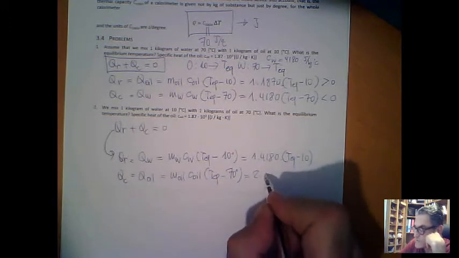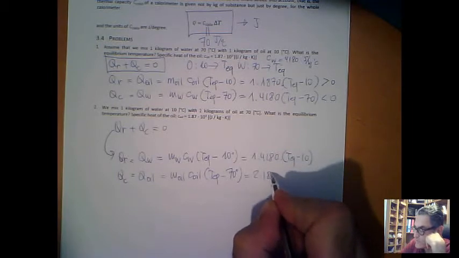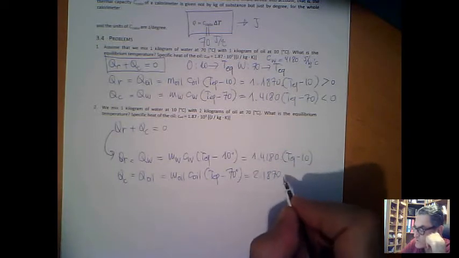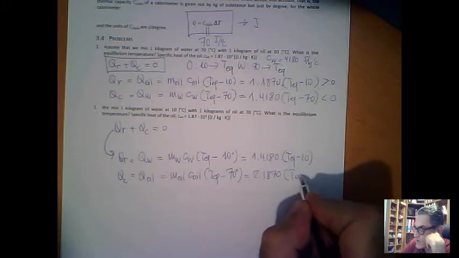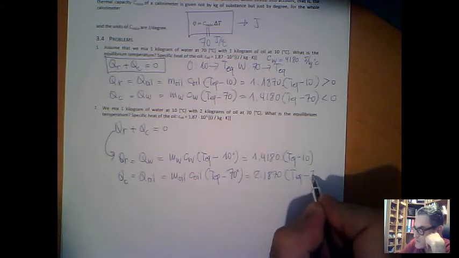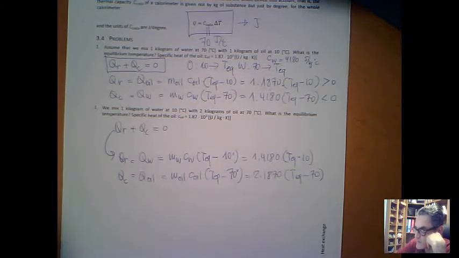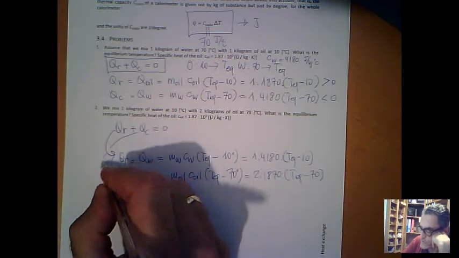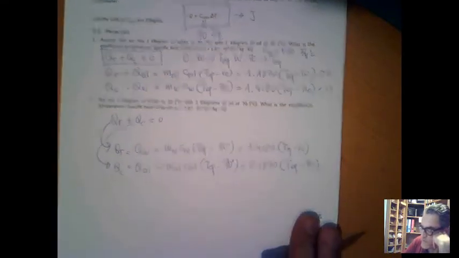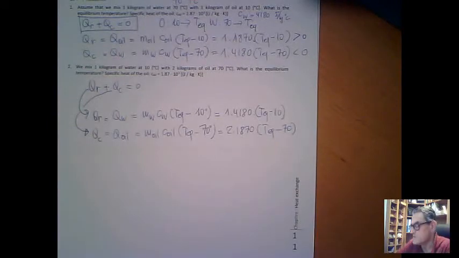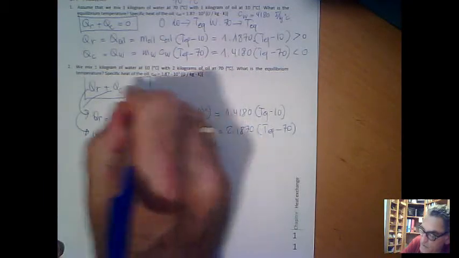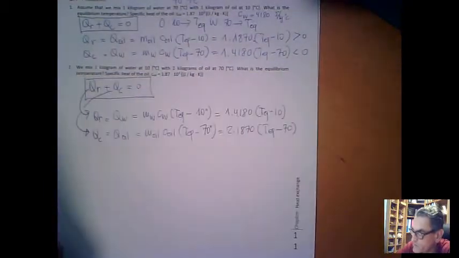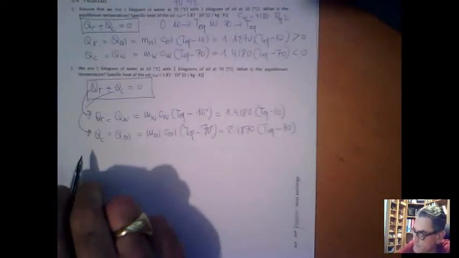So this is 2 times 1,870, which is the C of the oil, times TEQ minus 70, right? And so these two terms, we have written them down now. And so we can now put them together into that equation, and then we can solve for TEQ, okay?